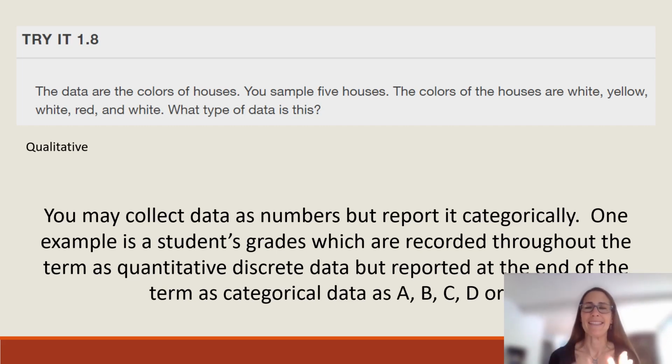But the point is that it's numerical quantitative data, but you can report it categorically. You can also go the other way and collect qualitative or categorical data, like the colors of houses, but then talk about it as a proportion. What proportion of the houses are red? So sometimes the way we talk about data after we've collected it is different than the actual kind of data we collect.